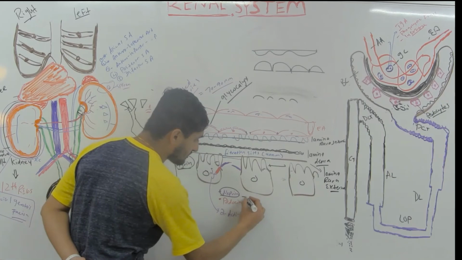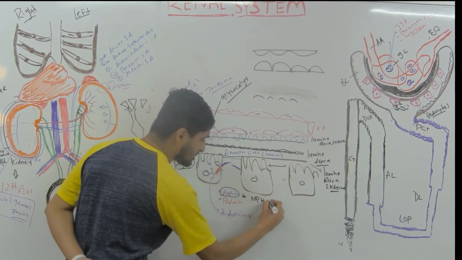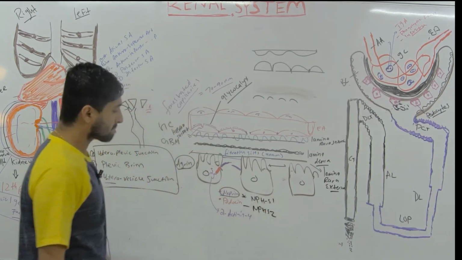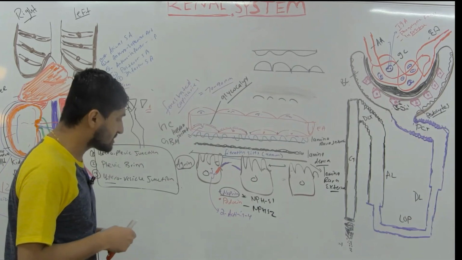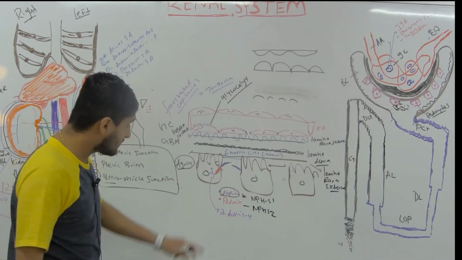If there is a mutation in the gene, the name of the gene is NPHS1 for nephrin and NPHS2 for podocin, okay. These are genes. If there's a mutation in the nephrin gene, you know what you can get? You can get some kind of nephrotic syndrome.